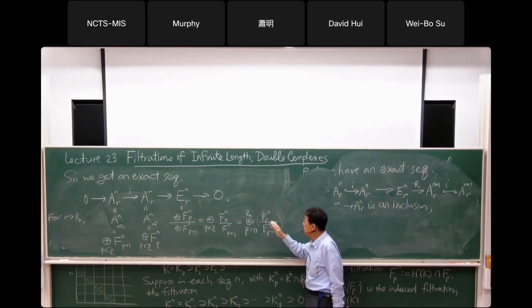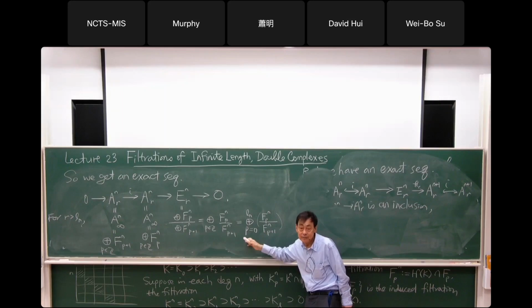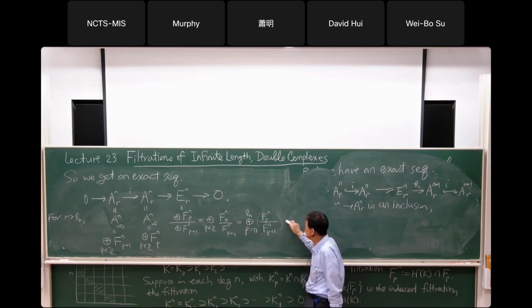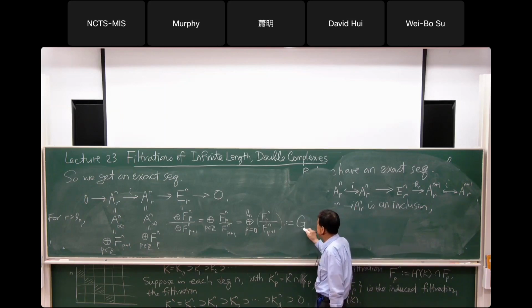Okay, when you have a filtration and you take the successive quotients and then sum that up, what is this called? This is the associated graded complex of the filtration on H^n(K). Okay?